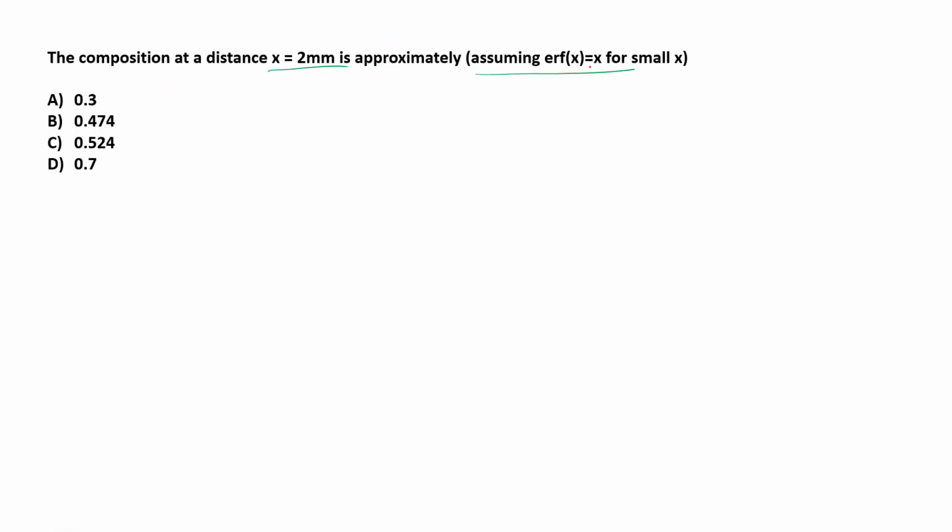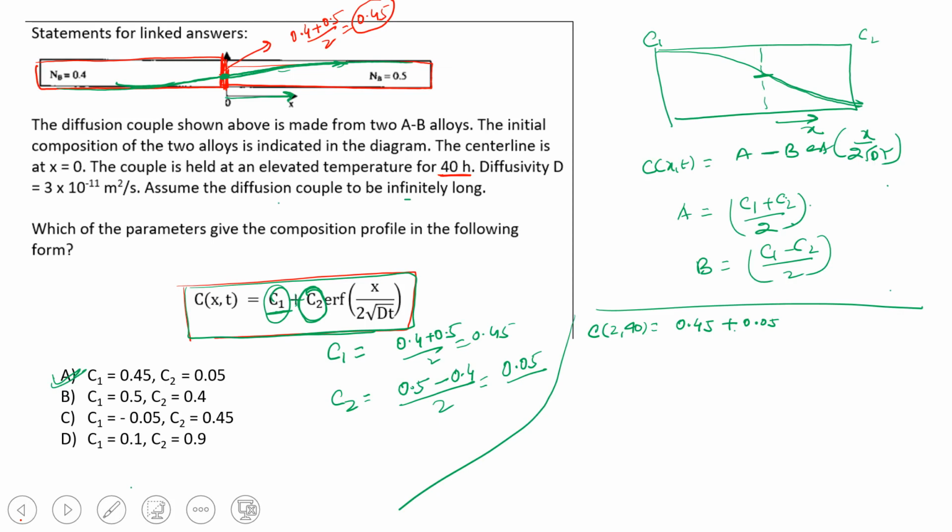So here it has told us to assume that error function of x equal to x for small x, means if the value of this is very small, then we can take it directly equal to the value itself. So we are taking it directly because it is already given. Okay, so x is 2 mm, so we need to convert into SI unit, then 2 root over Dt.